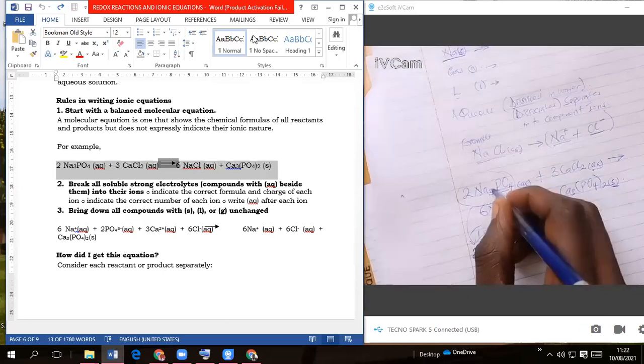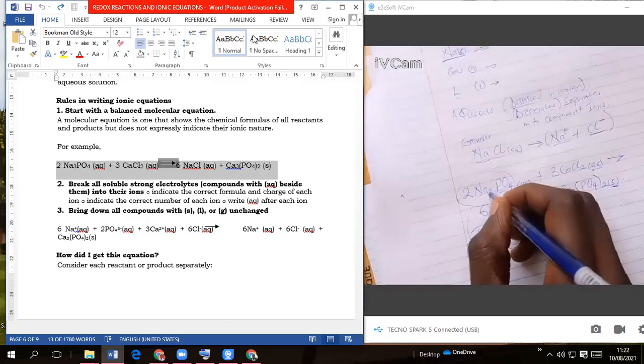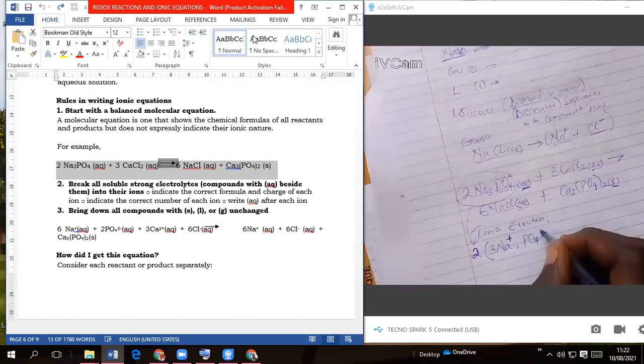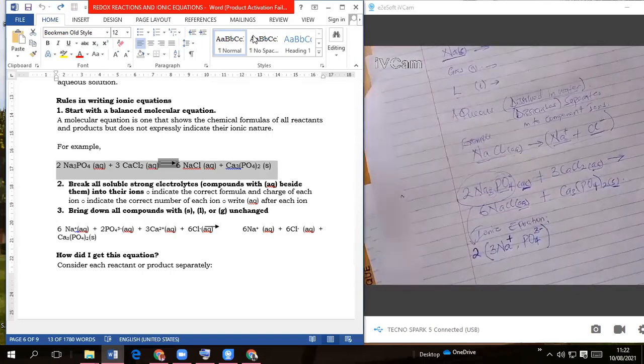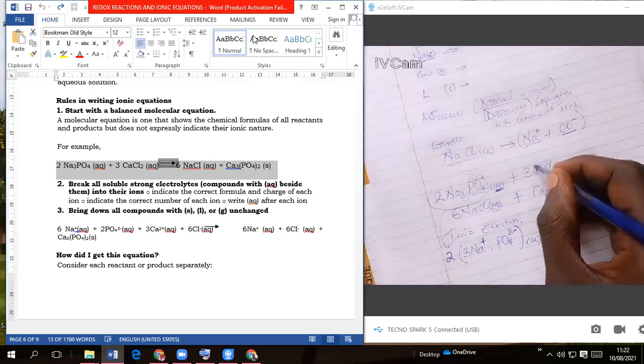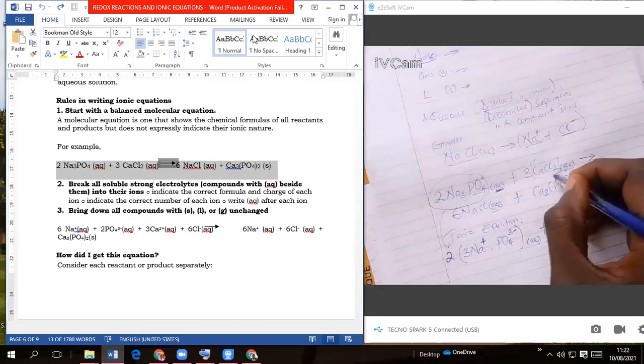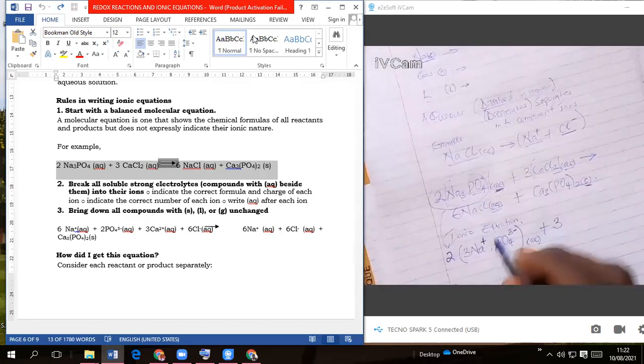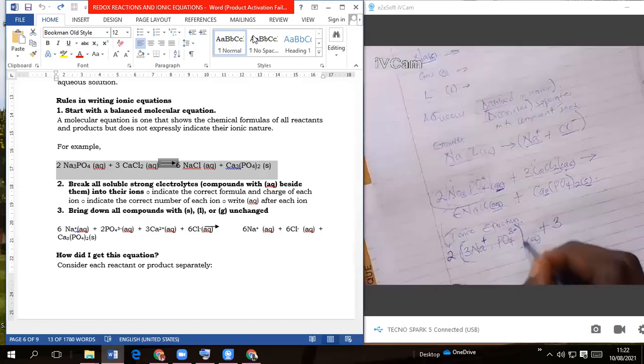The charge of a phosphate is 3 because the 3 comes from here. So we shall write 3 minus, because it's a radical in aqueous state, plus 3 calcium. The 3 is for all of this, and this 2 is for all of these. That's why we put them in brackets.